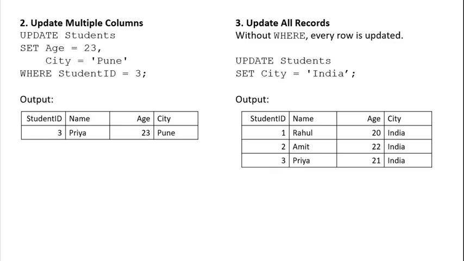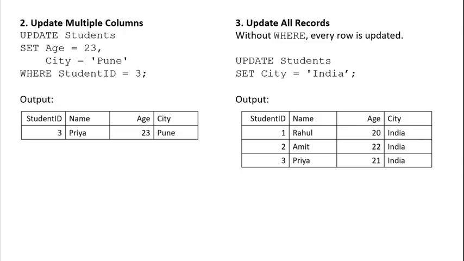Second is updating multiple columns. So UPDATE student SET age = 23, comma, city = 'Pune', with the city name given in single quotes, and WHERE the condition student_id = 3 to update the record.